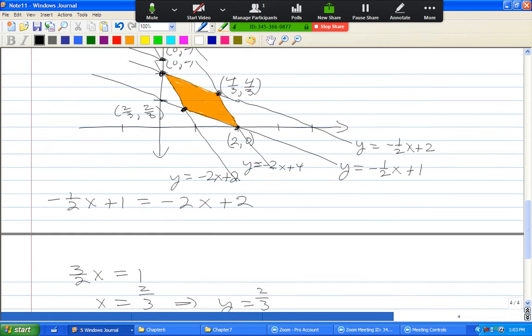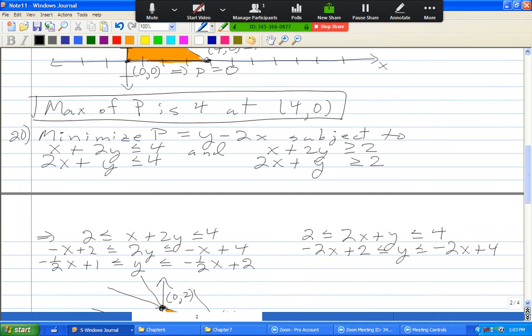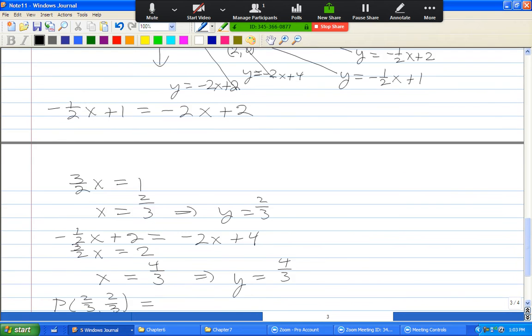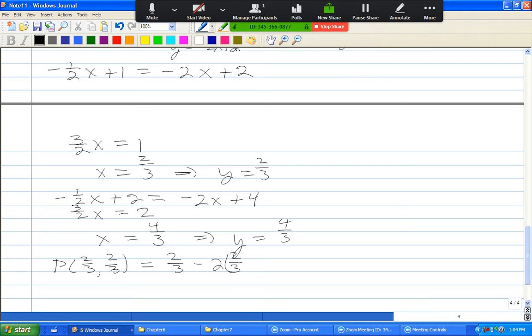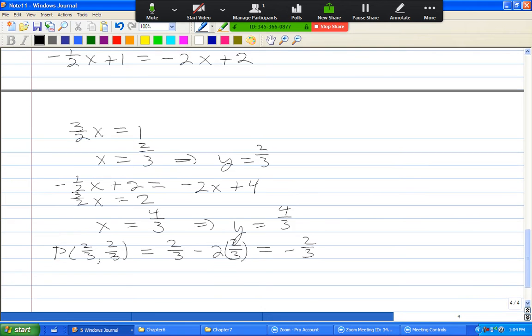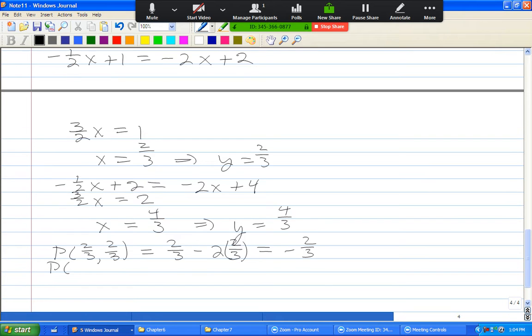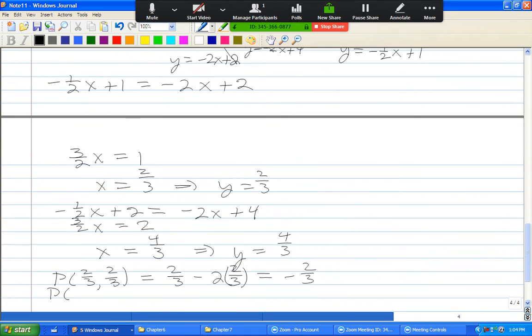Okay, so P is, we're minimizing or maximizing, minimizing y minus 2x. So y minus 2 times 2/3 is minus 2/3. Let's plug in 2, 0.